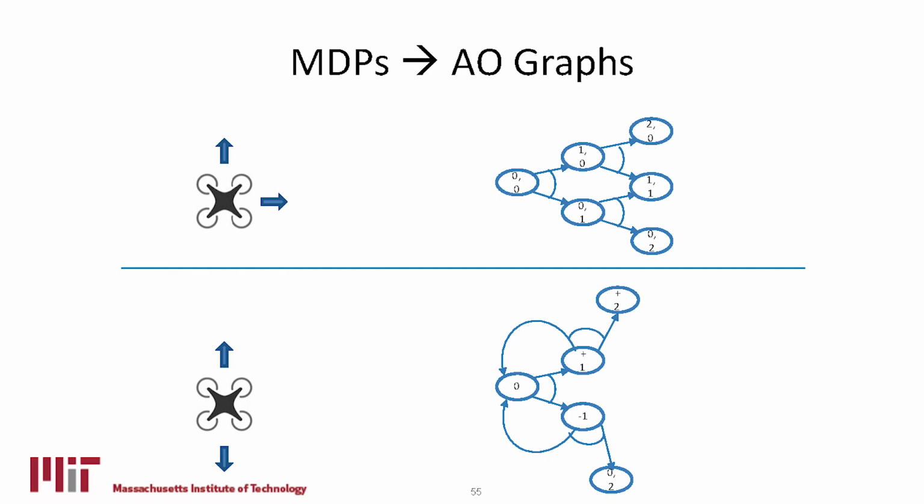One simple one where we could apply the AO star algorithm is where you have a quadcopter. And if you command an action north, you have a high probability of going north, but you might go east, and vice versa. If you go east, you might go north. This is expressed here with this growing tree and these and edges that connect. But despite the action that we might command from 0, 0, we might end up in 1, 0 or 0, 1, right?